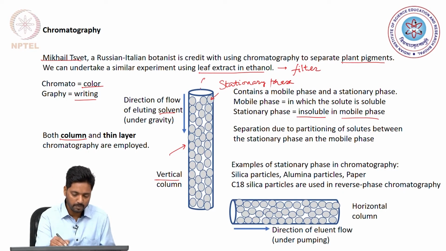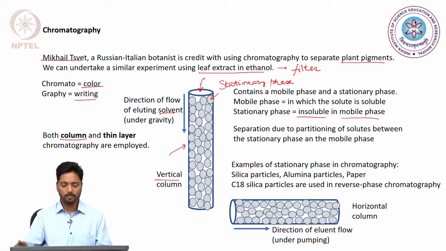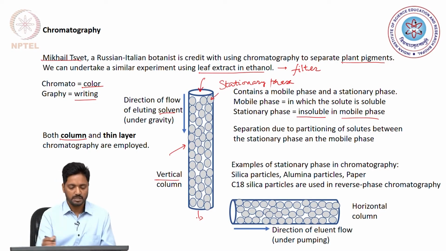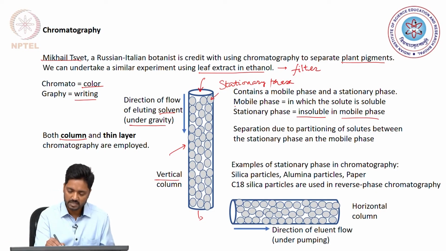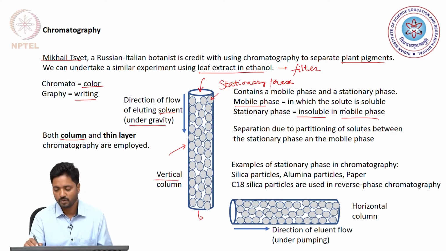So, the mixture will be put on the top and the product extracted out at the bottom in an analytically pure manner. Since in this case the mobile phase is moving under gravity, this is also known as gravity chromatography, and we choose our mobile phase in this case based on the condition that the solute needs to be soluble in this mobile phase.